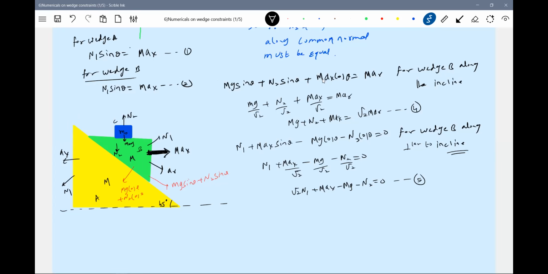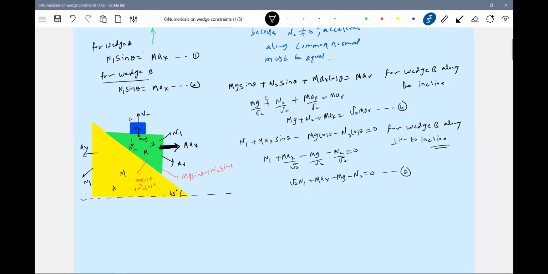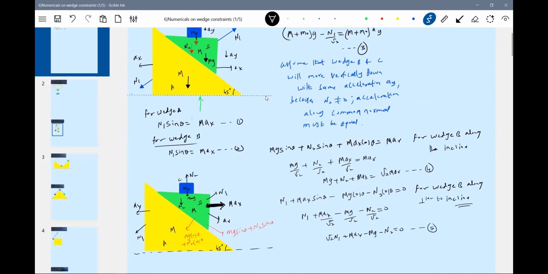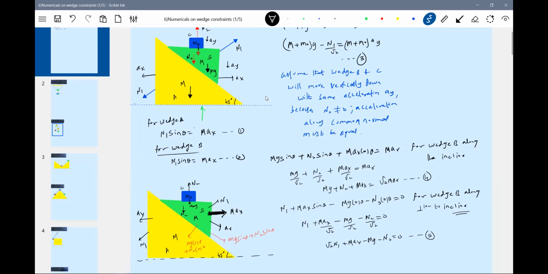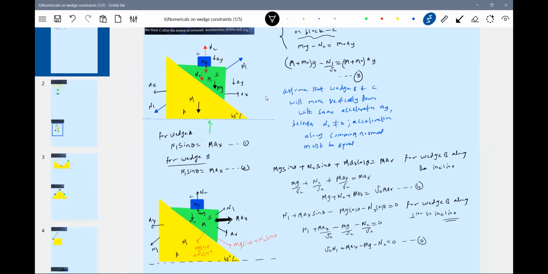Let me do one thing: N1 by root 2, N1 sin theta equals m ax. Now let's see if that helps. Complete description is available except the question. Now it's only simplification, putting that equation in this. One more, I'll show it. Put 1 in 5.